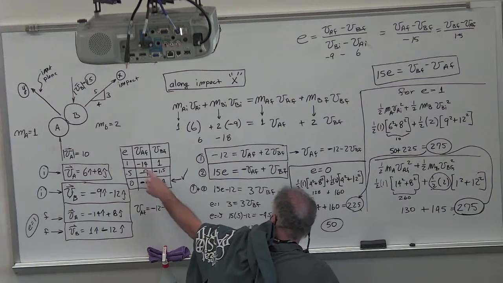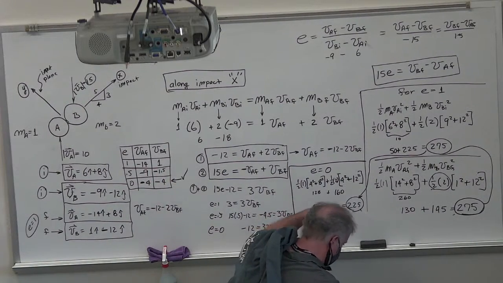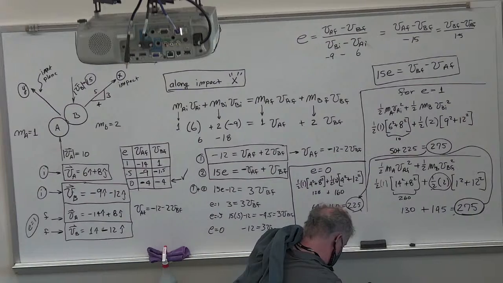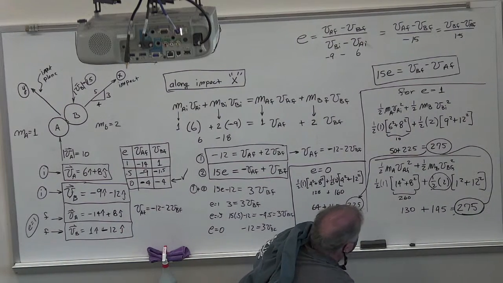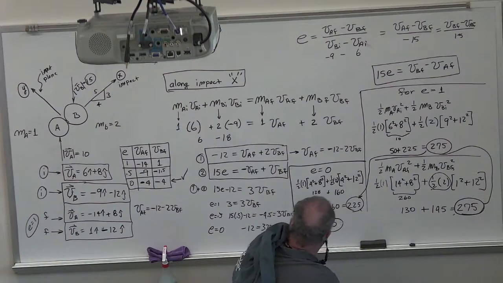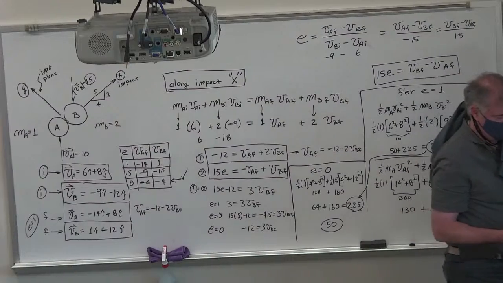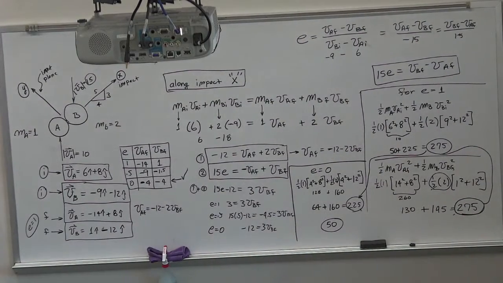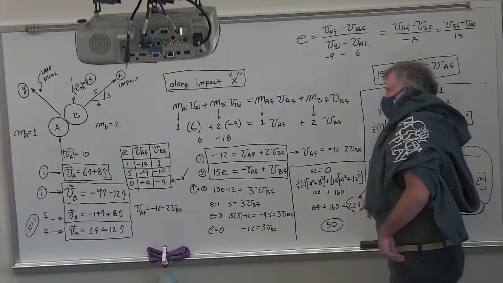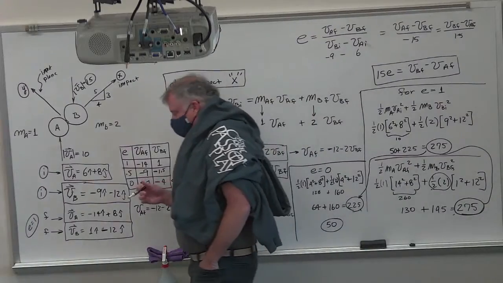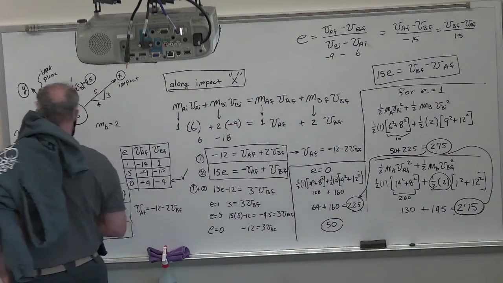And obviously if you went in here with this one, it should be not 50, but something a little bit different. So that's how you do what they call oblique impacts. This would be something that would occur on a pool table or a hockey table or something like that.